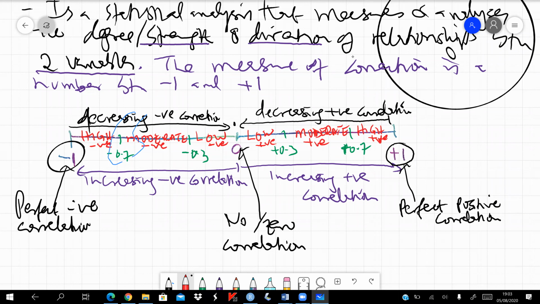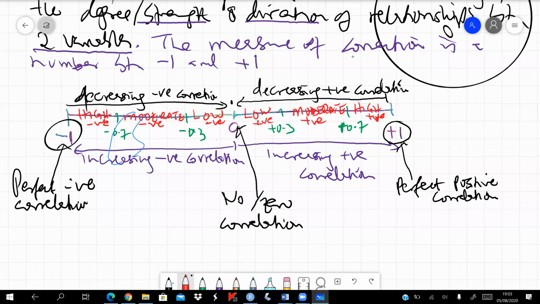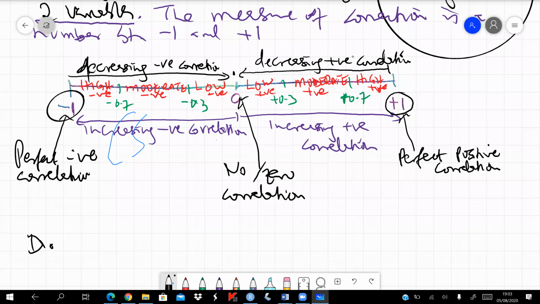So you can change the description just the way you want. You can use your own description to describe the values. Now the direction, when you talk about the direction, is given by the sign.